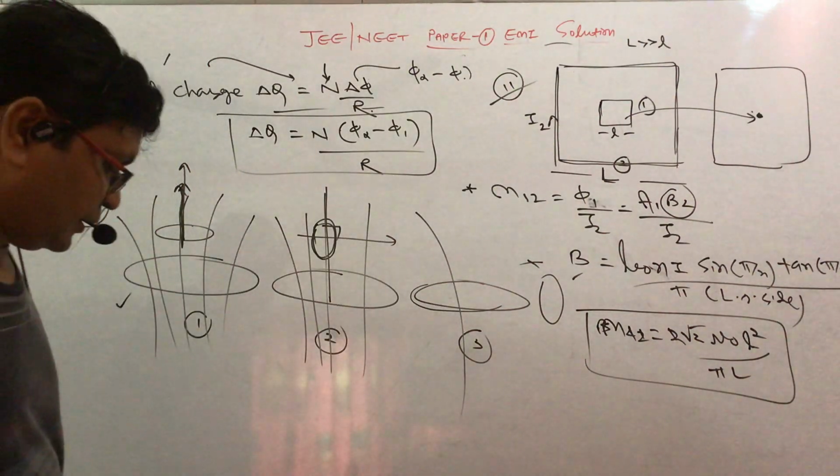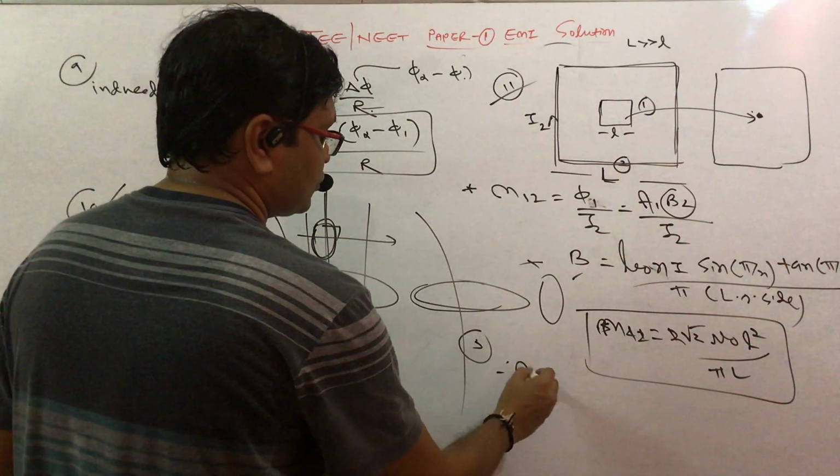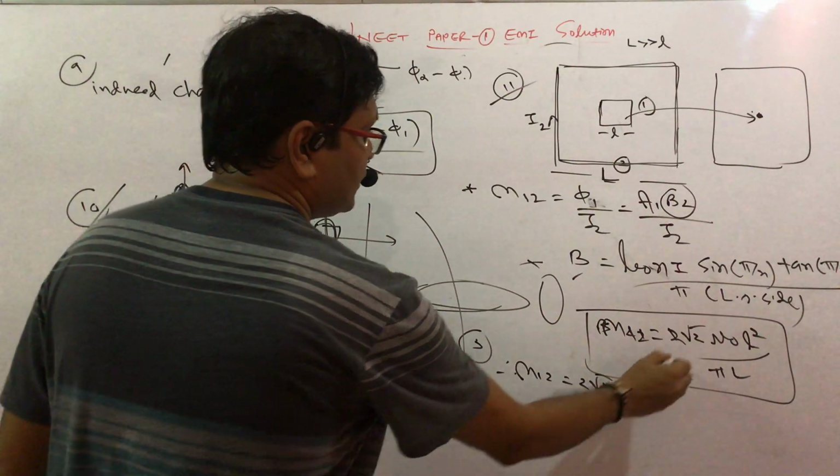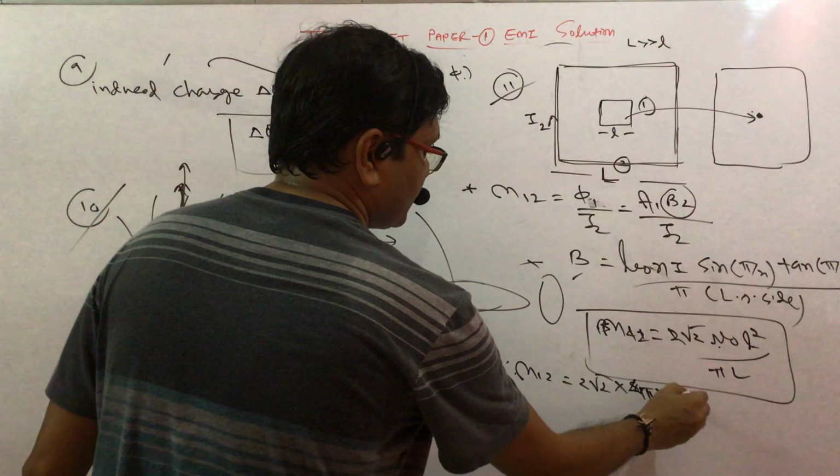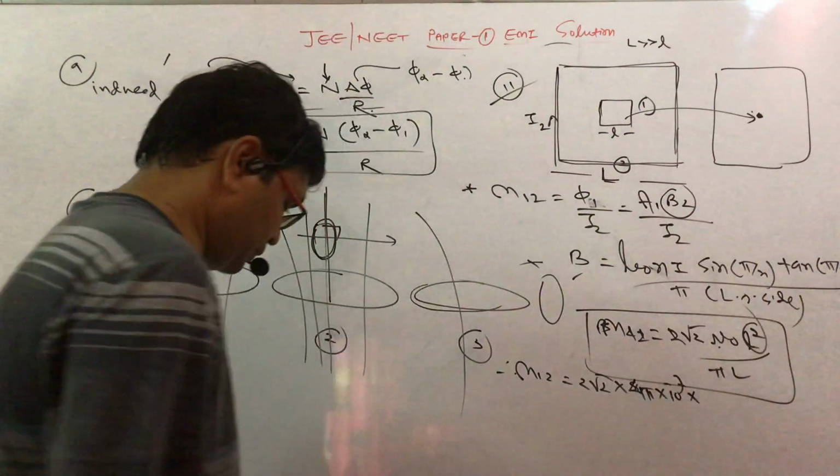Now let us put in the values. So M12 is 2√2 mu naught, 4 pi into 10 raised to minus 7. What is the length of the inner side?